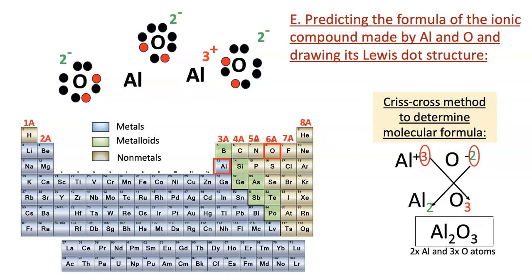Then aluminums get a +3 charge and oxygens get a -2 charge. This is the Lewis dot structure for Al2O3. I want you to go home and practice some of these. Now aluminum has neon's electron configuration, and oxygen also has neon's electron configuration.